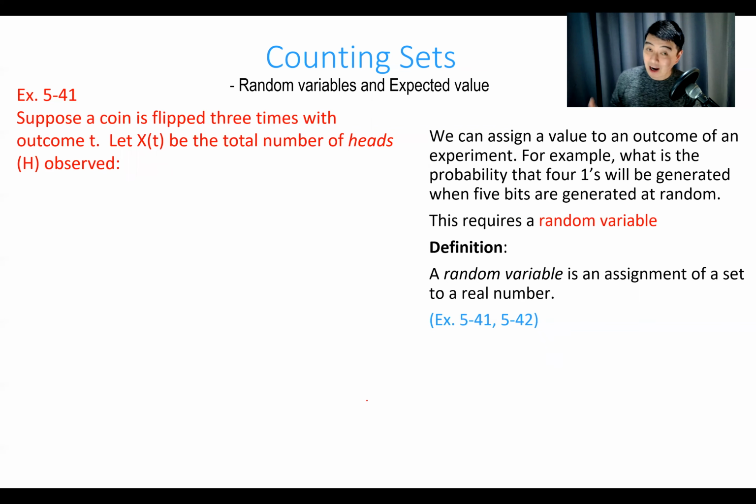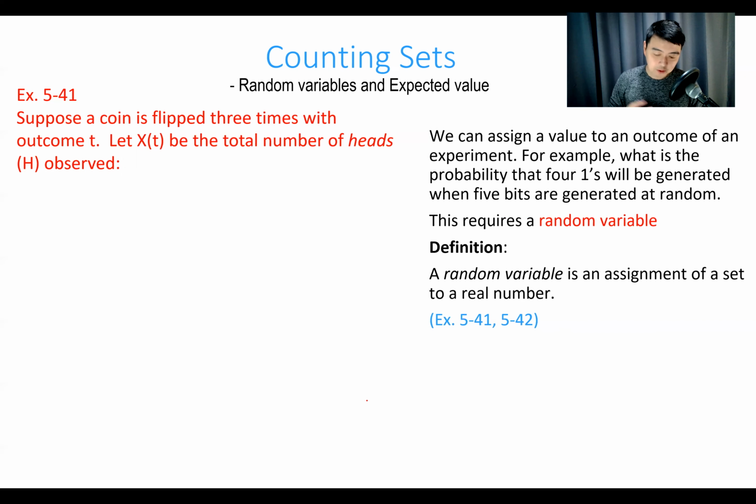So t is the outcome. I want to just figure out how many heads are observed through these 3 flips. So this is what's called a random variable. So we can assign a value to an outcome of an experiment.